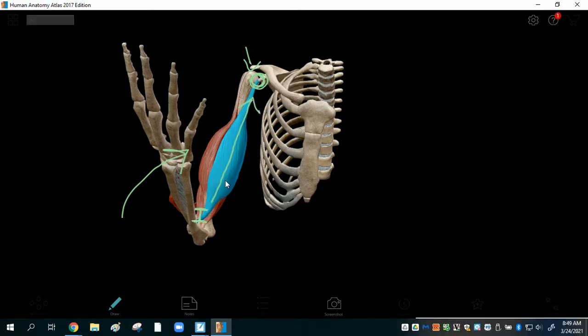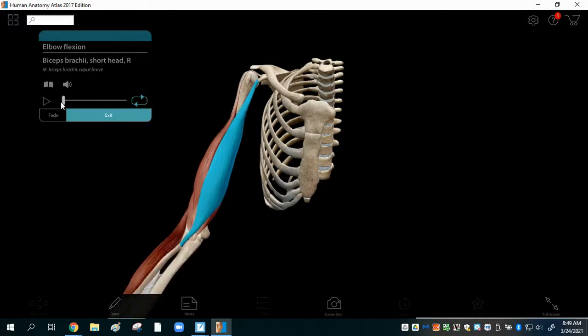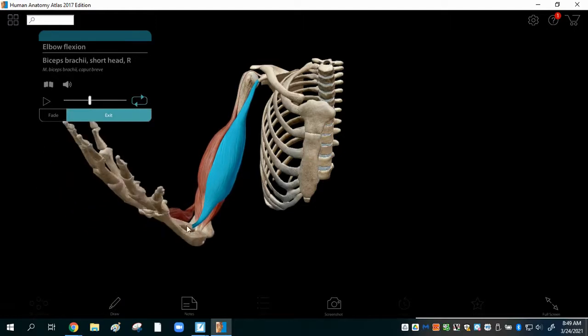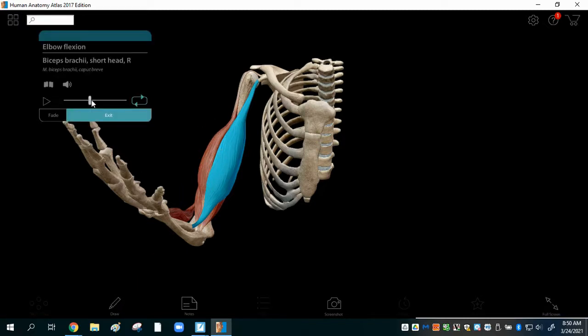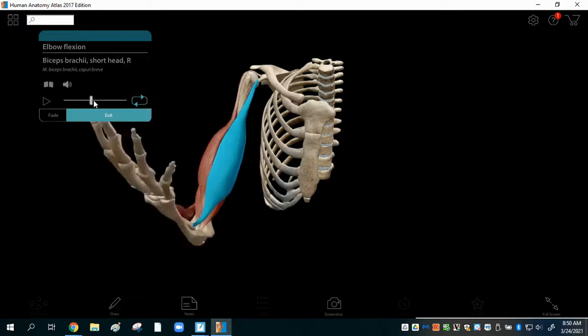Muscles only shorten in one direction. So when I push play again, it's going to go back to its neutral position, which is like anatomical position. But watch as that lower end of this muscle shortens this direction to make the movement happen. Okay, back to the beginning. Pulls it up.